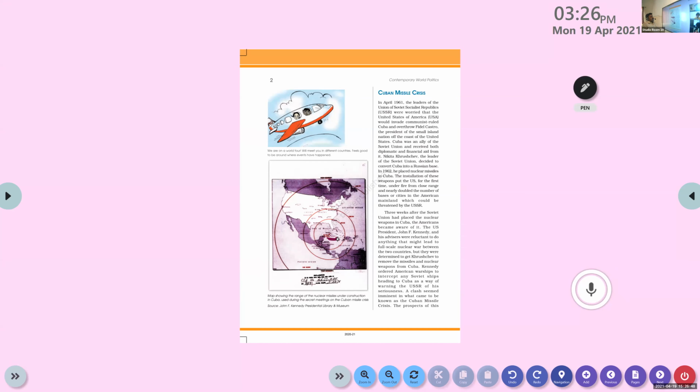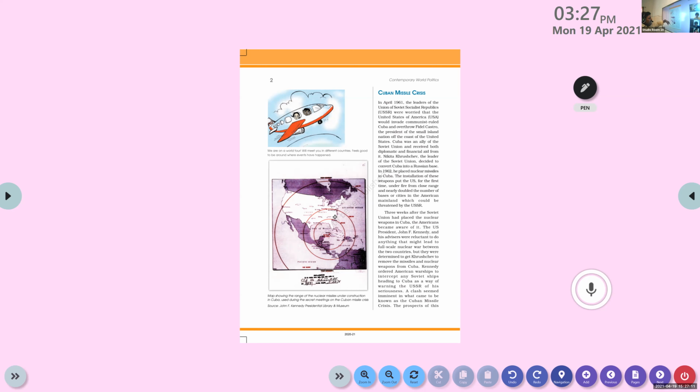It's marked on that map. The circle shows the area under threat. The missiles planted in Cuba can reach these destinations within the circle. Different ranged missiles are there.